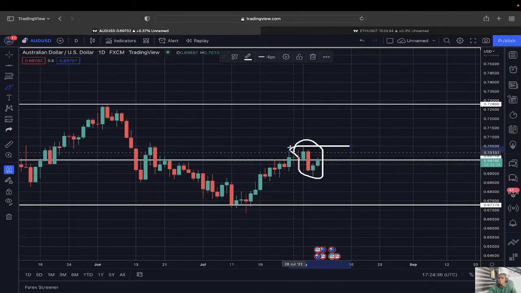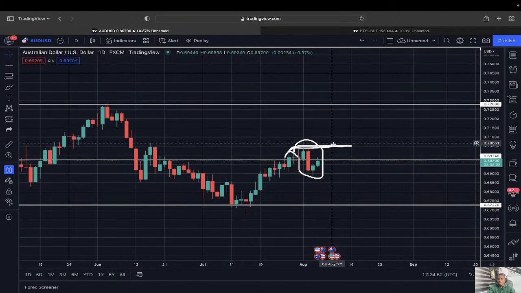You can only buy when price closes above this engulfing candle. That is how I'm going to treat it. If price does not close above the engulfing candle, then stay away from the market till you have a good setup.